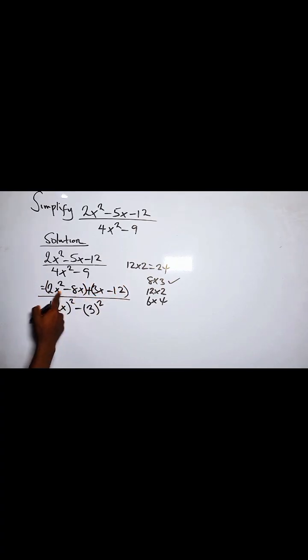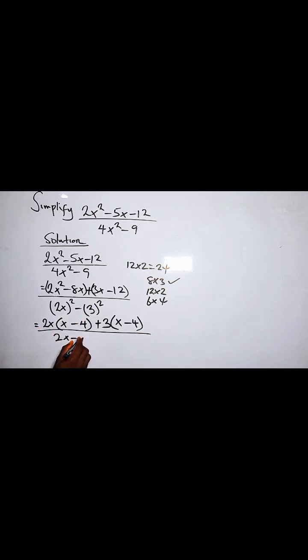What is the common factor here? 2x. We can use it to factor this out. So we have 2x into x minus 4, plus, at this point we can use 3 to factor this, so we have 3 into x minus 4, over, here you can apply difference of two squares, that is 2x minus 3, 2x plus 3, at the denominator.